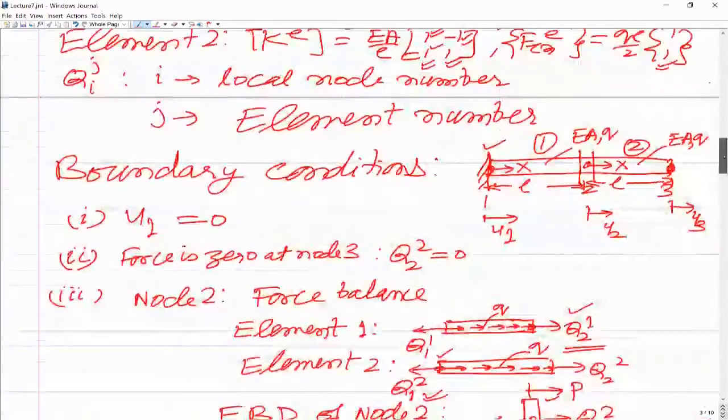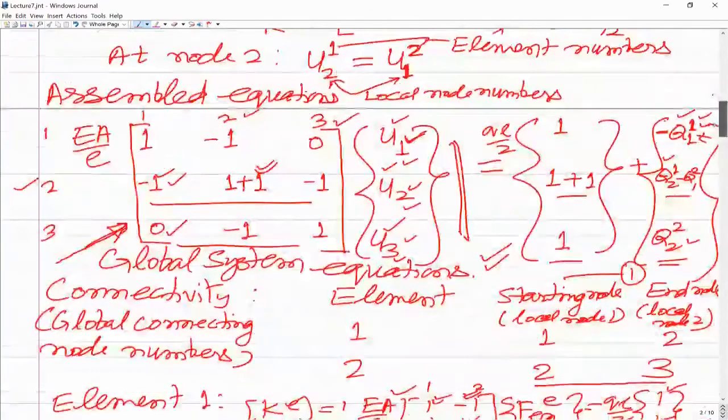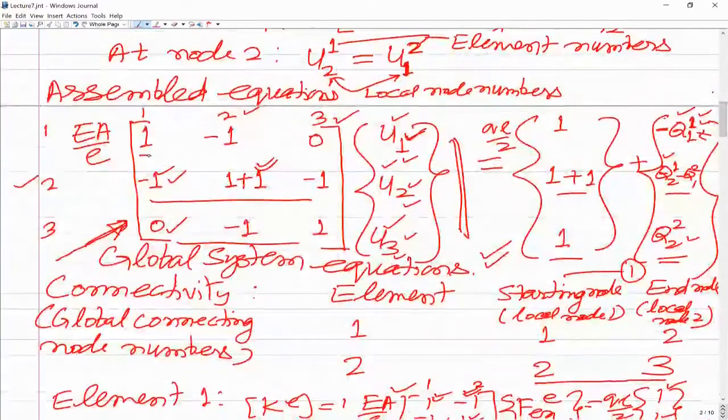I am taking the first row into this column. u1 is already 0, so we will have this element into u2, and the other term is 0.